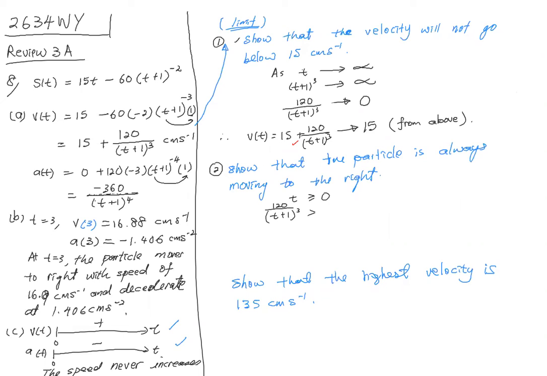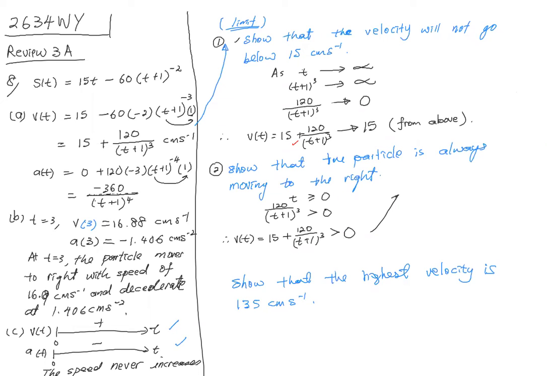Will be greater than 0. Am I right? So therefore, your v(t), which is 15, a positive number, plus another positive number, will be more than 0. So show that velocity is always positive. So the particle is always moving to the right.